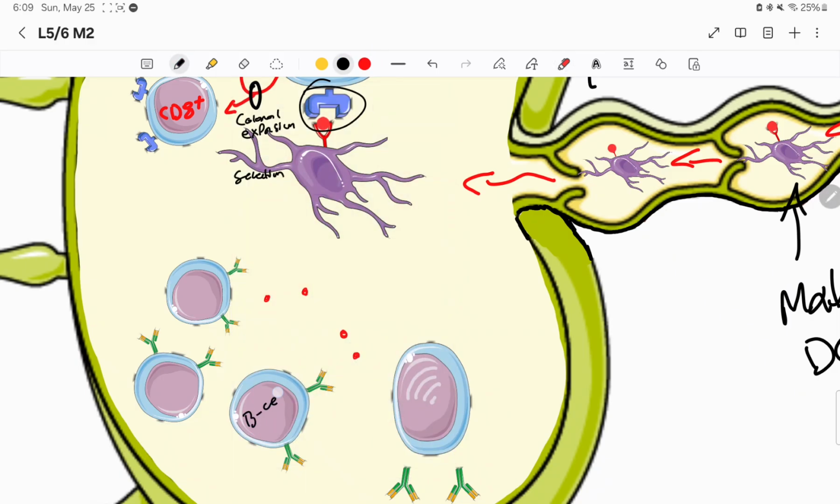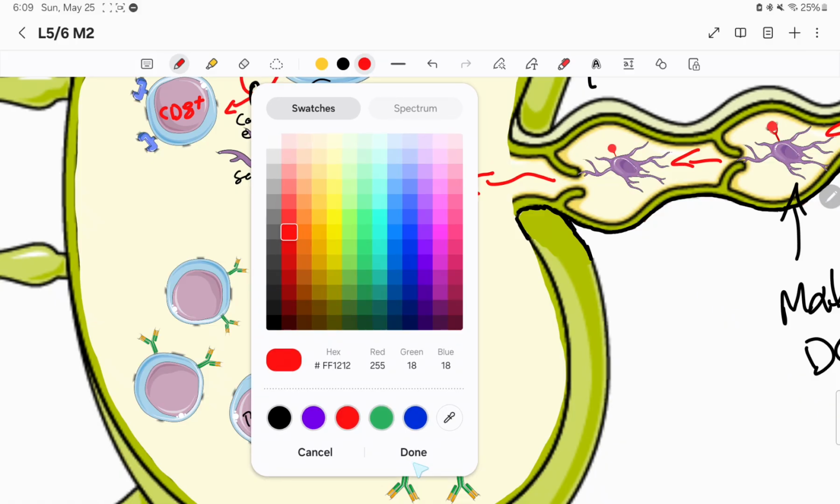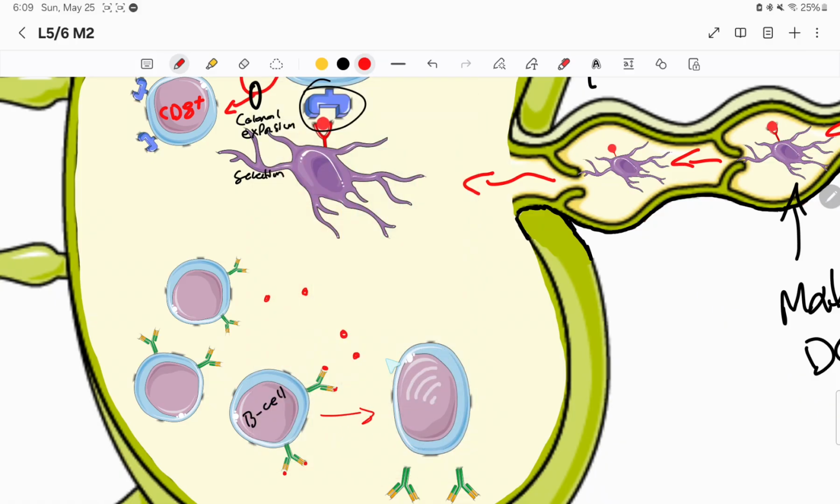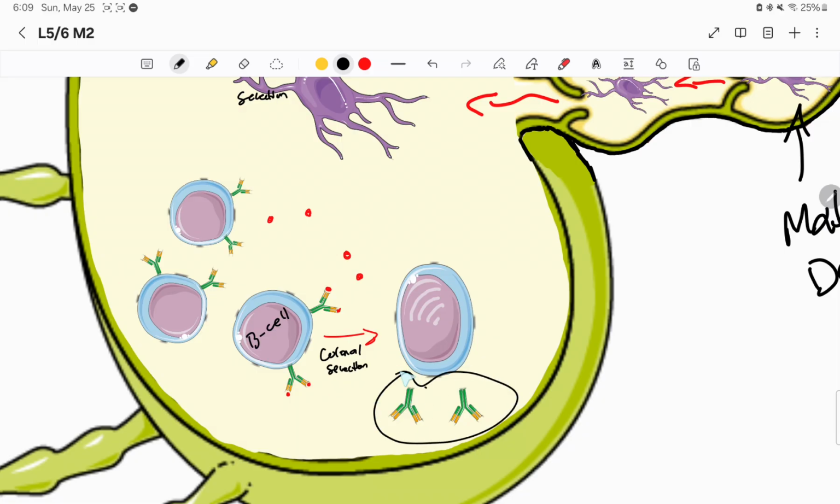This B cell will go ahead and bind, and he will go through the clonal expansion and selection.